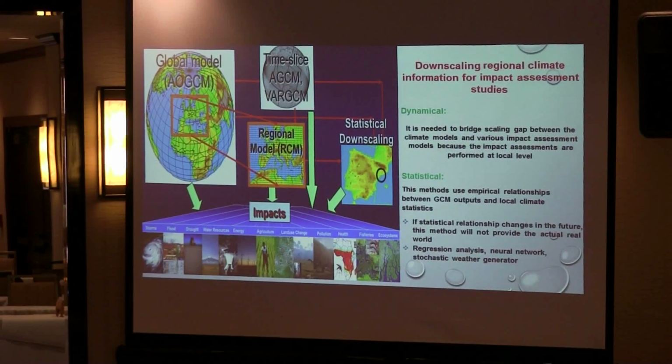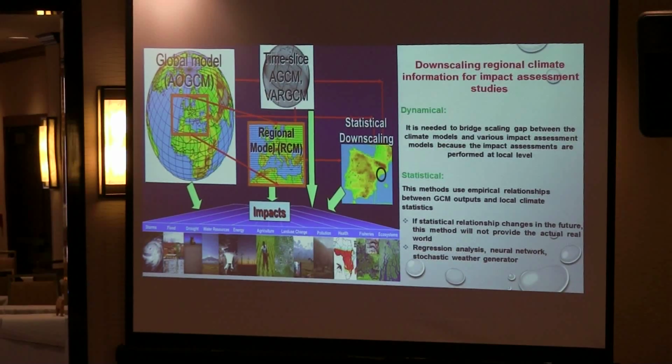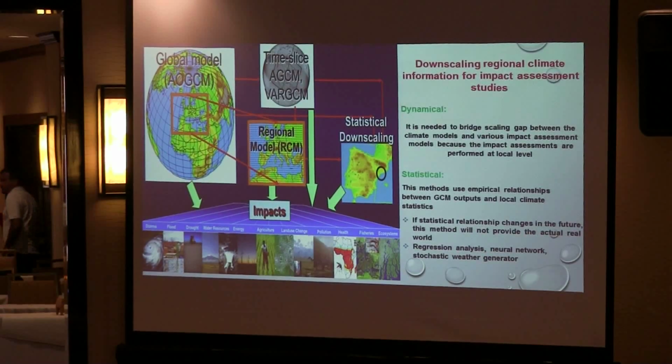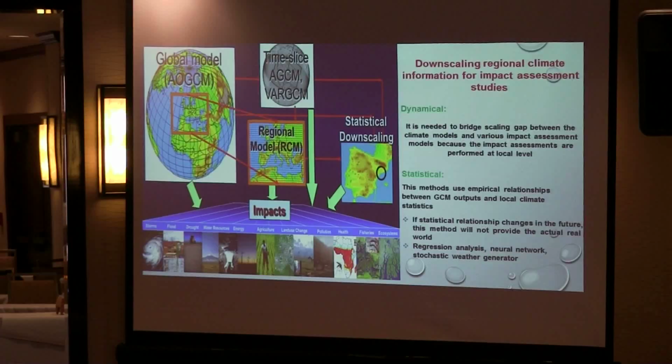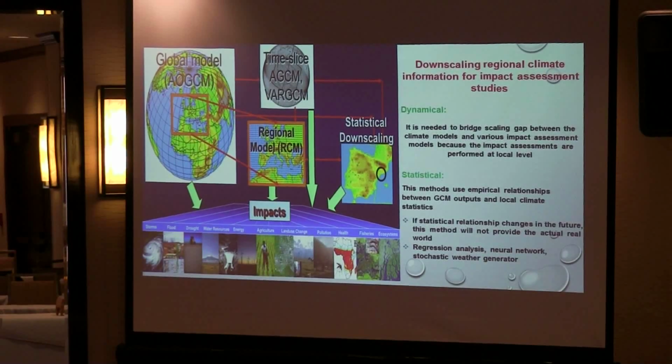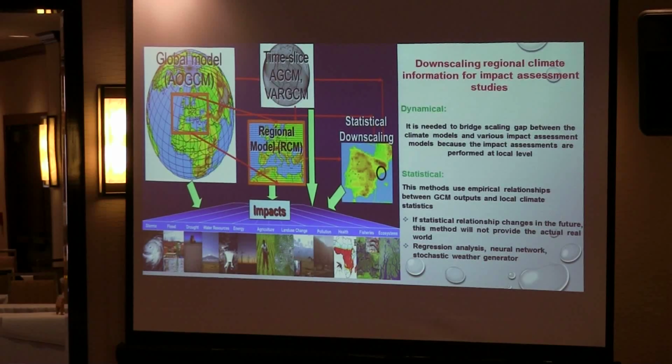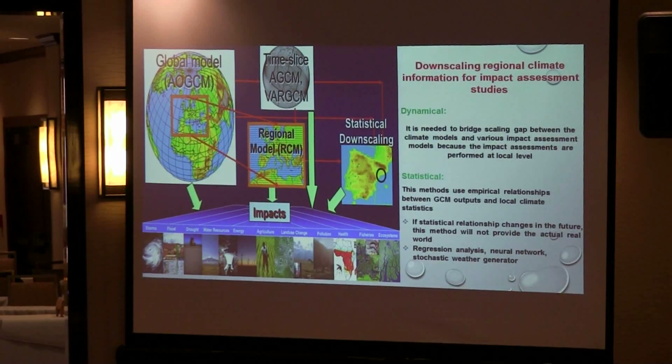The advantages of dynamic downscaling are much greater compared to statistical downscaling, because dynamic downscaling is physically consistent and reliable, can resolve the local features, and can also include the convective precipitation especially. In case of statistical downscaling, we use statistical relationships between the GCM's output and local climate statistics.